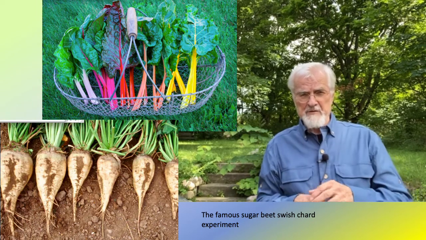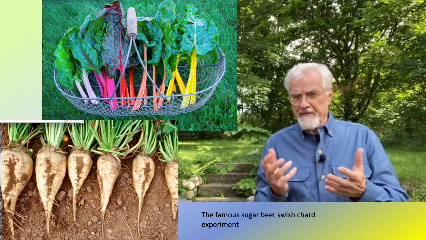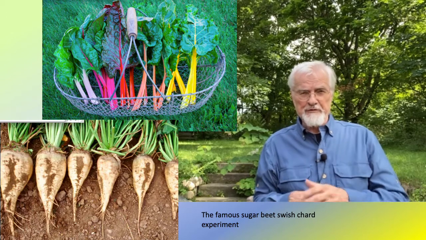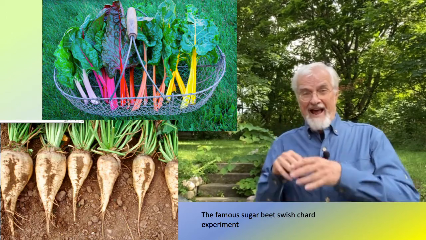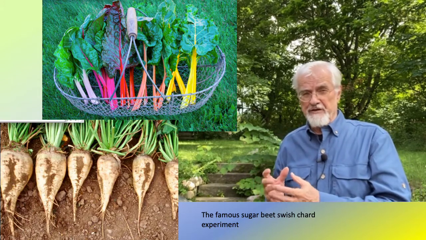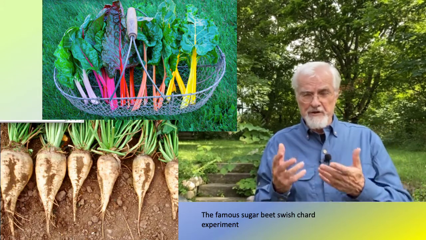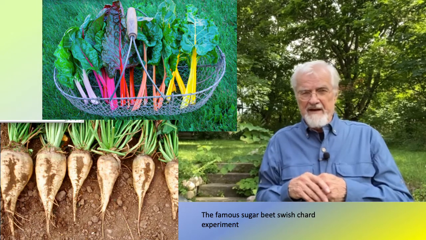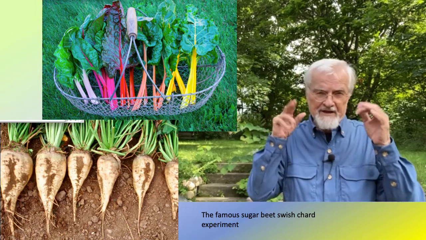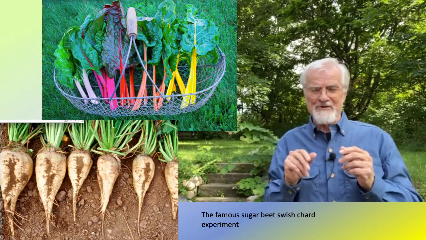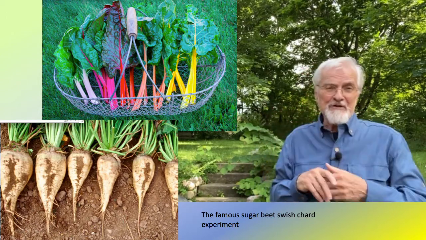That's exactly the same species. They're just genetic differences there that create two different agricultural products. Obviously, the sugar beet allocates an enormous amount of energy to the root system. The other, Swiss chard, does not apparently allocate that much energy to the root system because we bred it so that it's concerned with the leafy material, which is what we eat.